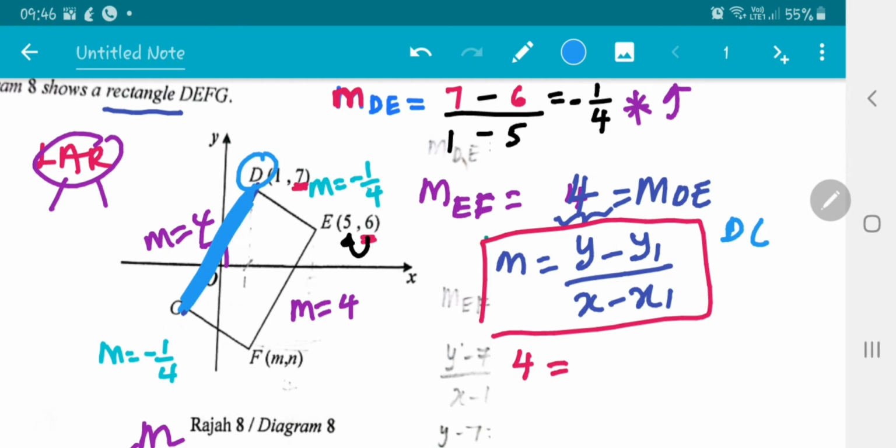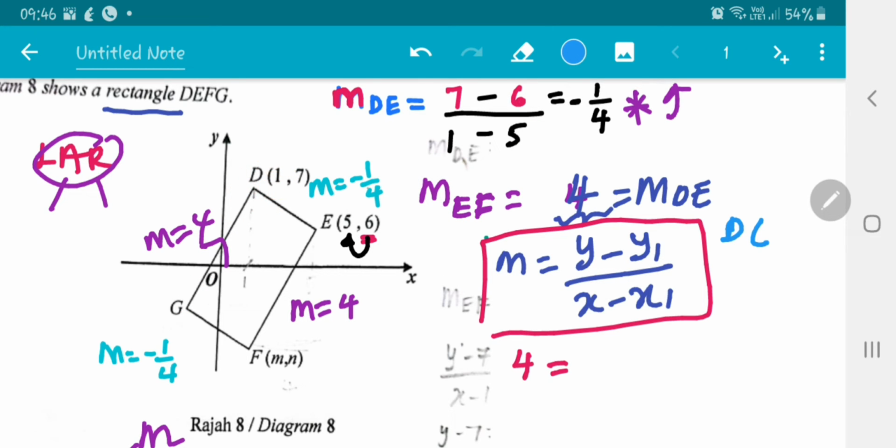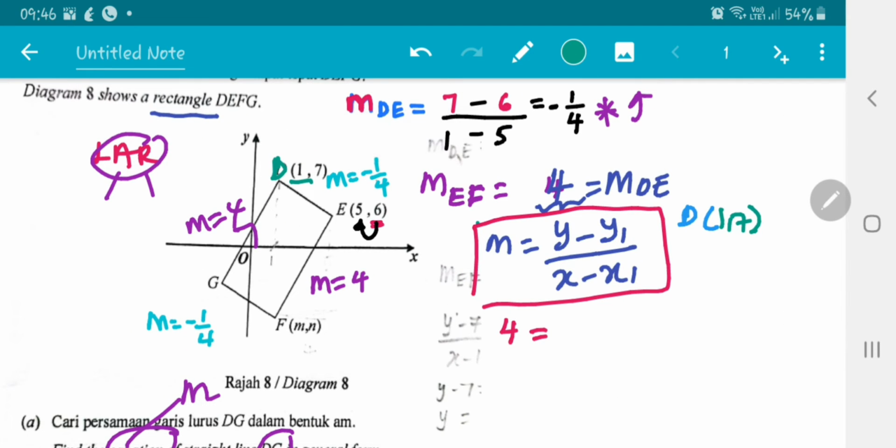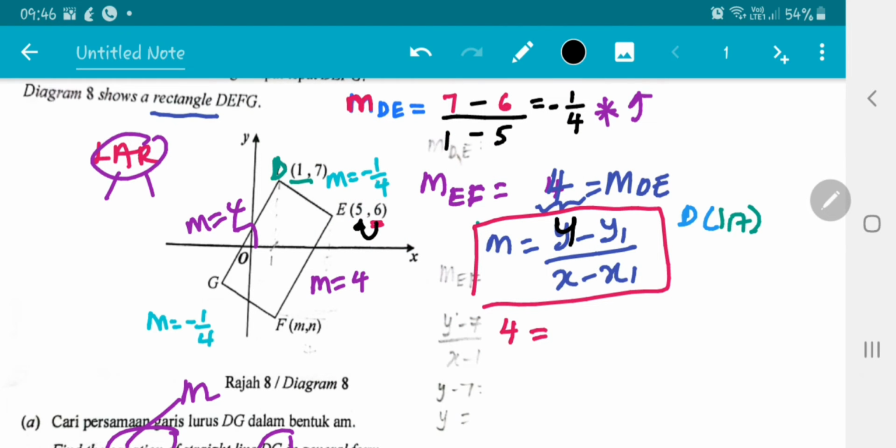That is, what is the coordinate? Okay, saya dah conteng, tak berapa nampak. Kita rak balik. D is 17. So, masuk saja dah dalam formula. Okay, y minus y1 dia 7 over x minus x1 dia 1.